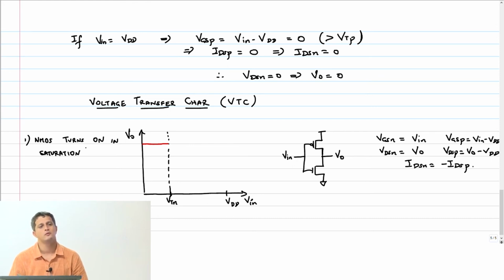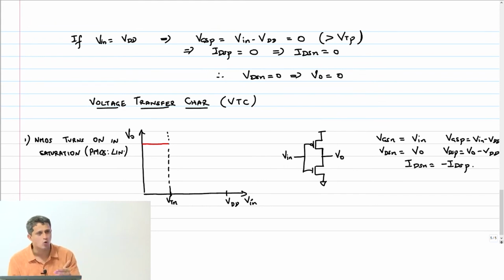Actually, tell me, even before, suppose Vin is less than VTN, which region of operation will the PMOS transistor be in? It will be in the linear region, because it depends on VDS, and VDS has to be 0, right? So the PMOS will turn on at the same time, in linear region, right?